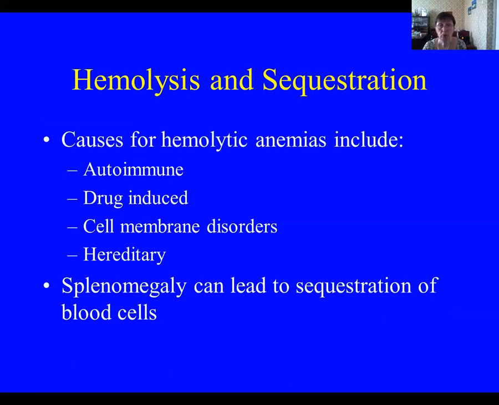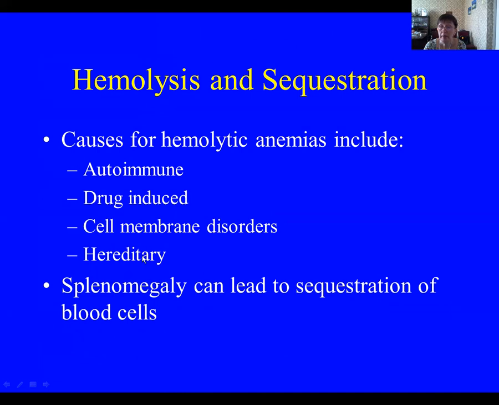Well, the next group of anemia is anemia due to hemolysis and sequestration. And the causes of such anemia may be autoimmune. Then it may be drug-induced. They may be the result of cell membrane disorders.